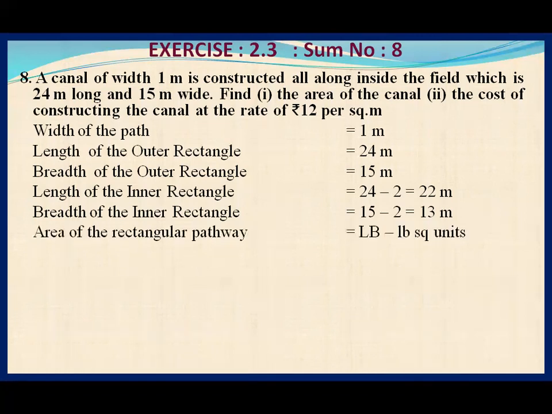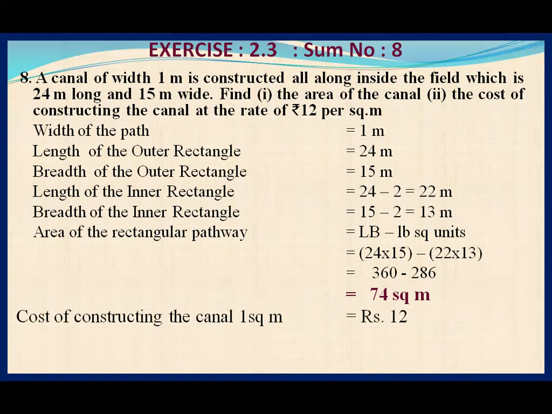So area of the rectangular path is outer rectangle minus inner rectangle. So 24 into 15 minus 22 into 13, you get 360 minus 286, which is 74 square meter. Now this is the area of the canal. Now cost of constructing the canal, 1 square meter is 12. So for 74 square meter it is rupees 888.